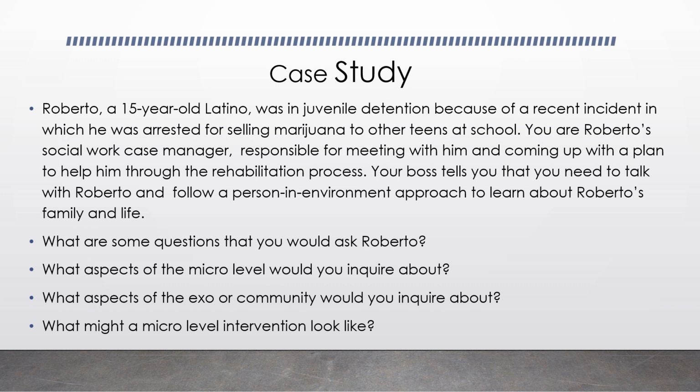So for example, Roberto helping out with his sister might now become a rule within the family. Or maybe there aren't good communication levels within Roberto's family, and that's why he went out and started selling, and maybe his parents didn't know about it because they weren't talking.